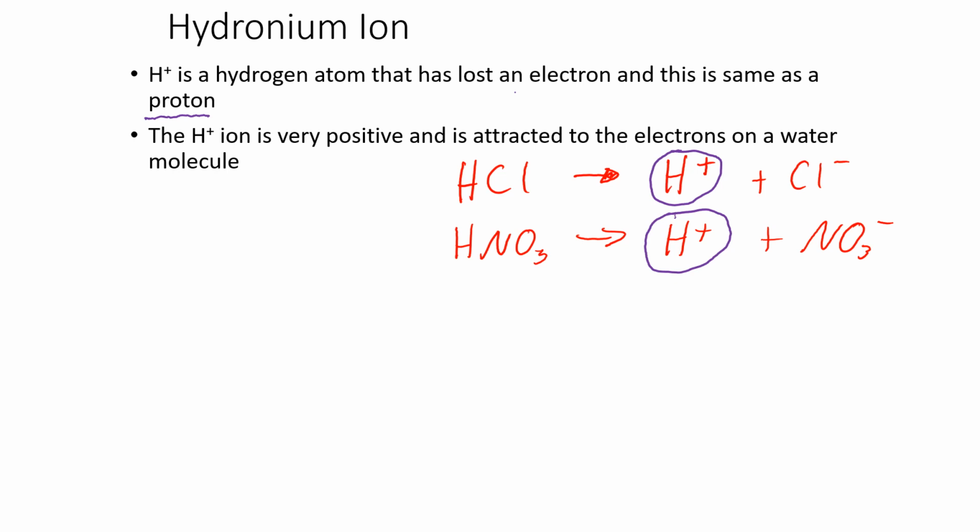We'll talk about that proton often, because normally hydrogen looks like this. If I were to draw a Bohr diagram of hydrogen, hydrogen has one proton and one electron. So this is a proton, and then it would have one electron.